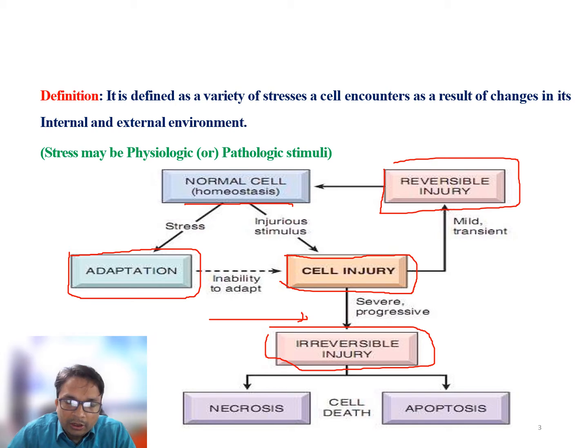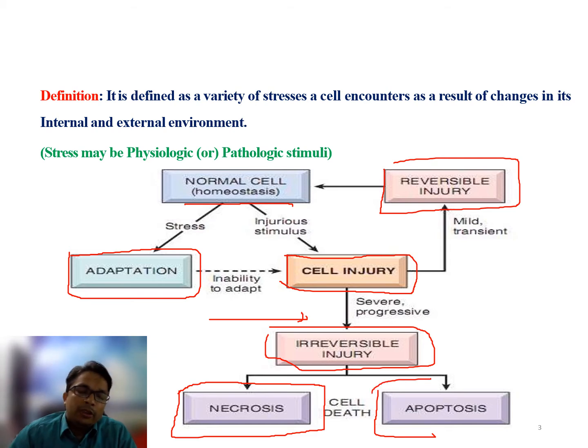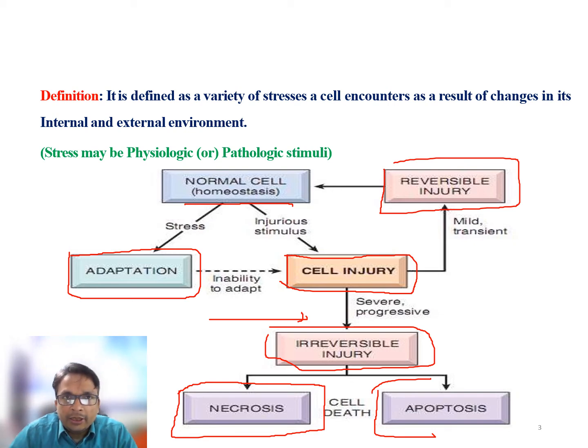There are further two types of irreversible cell injuries, very well known as necrosis. Necrosis is when the cell is killed forcefully. Another type of cell death is apoptosis, which is normally defined as programmed cell death.